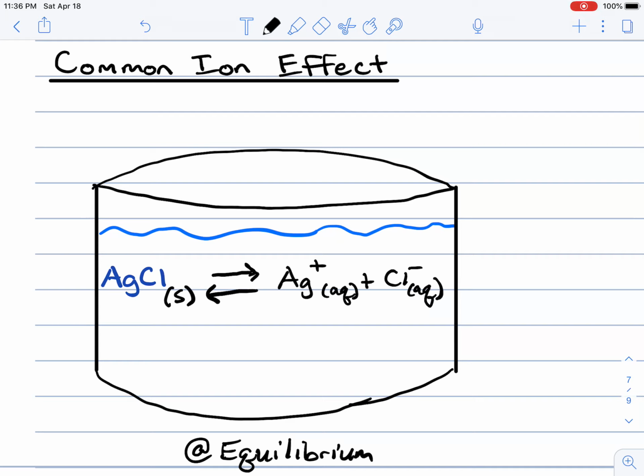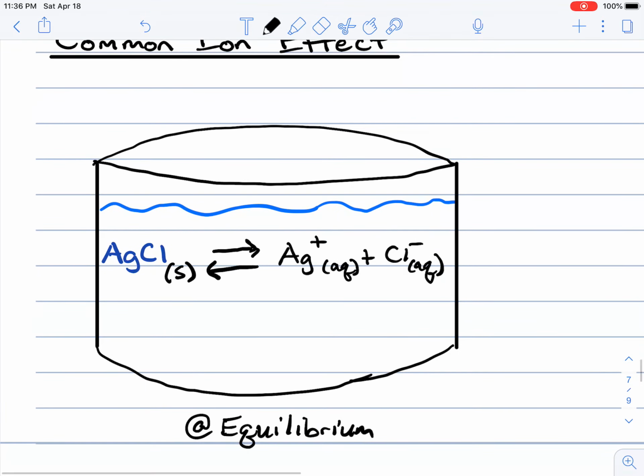And if you recall from a couple chapters ago, Le Chatelier's principle states that if a constraint such as a change in concentration, whether you increase or decrease the concentration, a change in pressure, or a change in temperature, is applied to a chemical system that's already at equilibrium, much like this chemical system that you guys see here on the screen, the chemical equilibrium will shift to counteract the effect of the disturbance or the constraint.